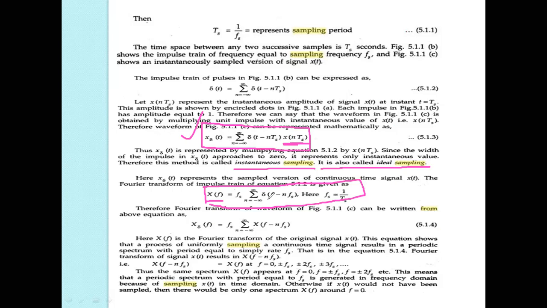But here in the sum of n equal to minus infinity, the delta function is in turn converted into the frequency domain. But how does x of n into ts become fs after applying the Fourier transformation for the impulse train?